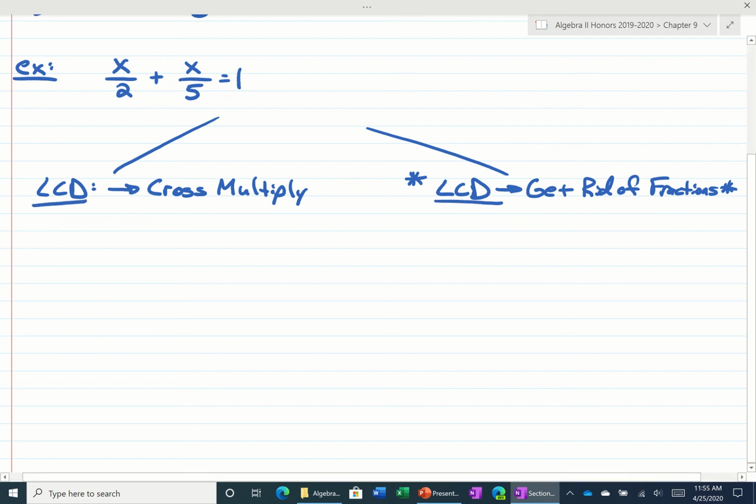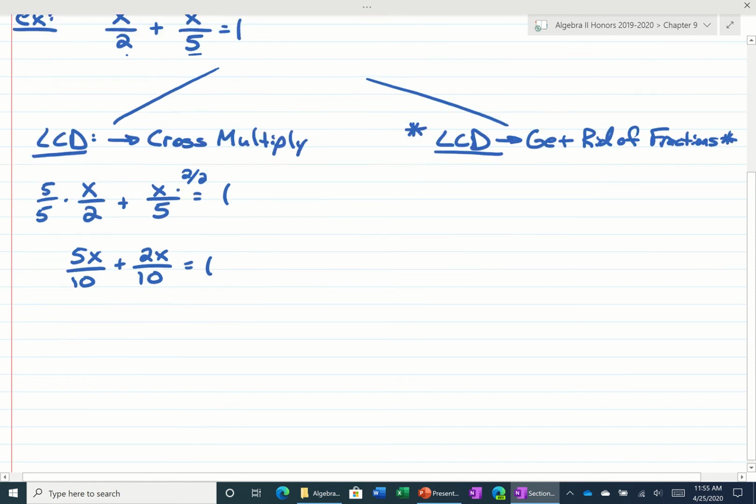So looking at the least common denominator, between 2 and 5, those are our denominators, would be 10. So I want to try to make all of the fractions have the same denominator. So I'm going to multiply this by 5 over 5. If you remember from middle school, that's how we get a common denominator. And we get 5x over 10 plus 2x over 10 is equal to 1.